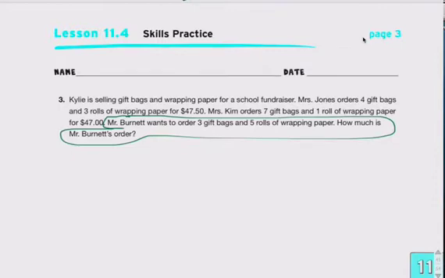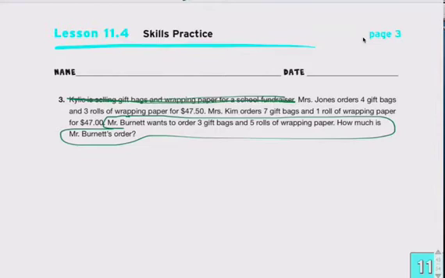Let's see. So that's the question there. Kyle is selling gift bags and wrapping paper for a school fundraiser. That's just the story. It's not needed.